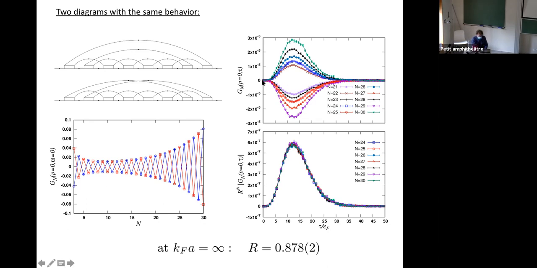Here you see the sum of the 2 as a function of imaginary time. If we rescale with this value of R, they collapse to each other, giving this function f of tau. But this function f of tau is not the same if we take those 2 diagrams or if we take all of these diagrams. So it's not the full story yet.